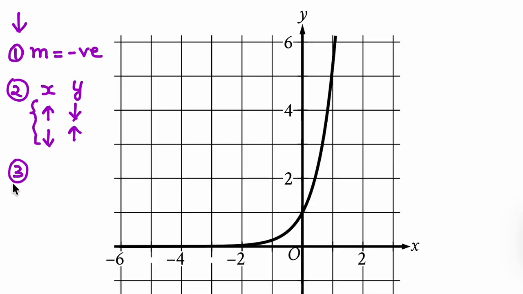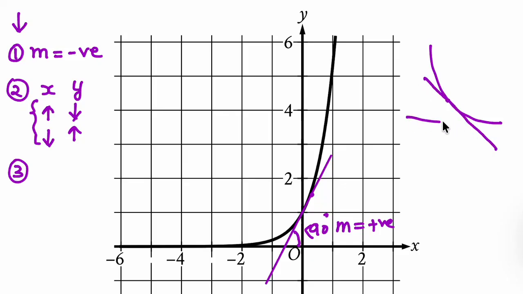Third way is you draw a tangent, right? Tangent is a line which touches the graph at one point only. And check this angle. If this angle is less than 90 degrees, then the slope is positive. But if you see a function, let me draw something like this, and I draw a tangent at that particular point.